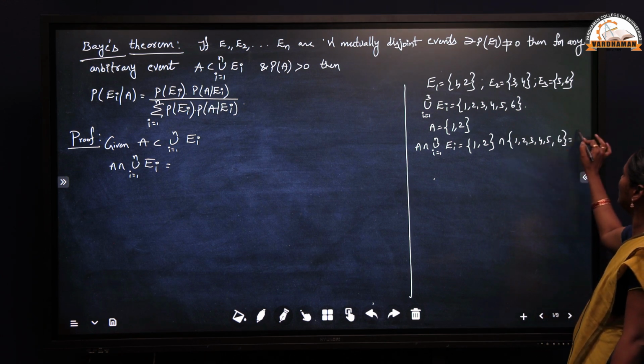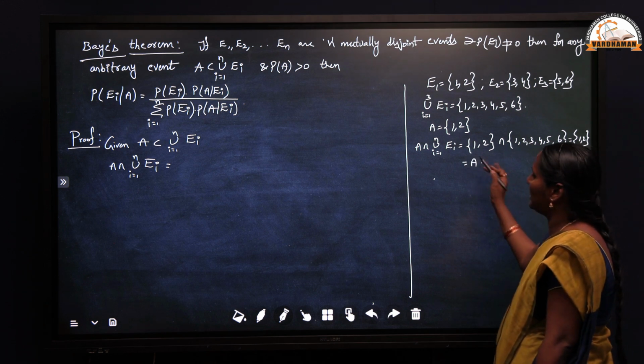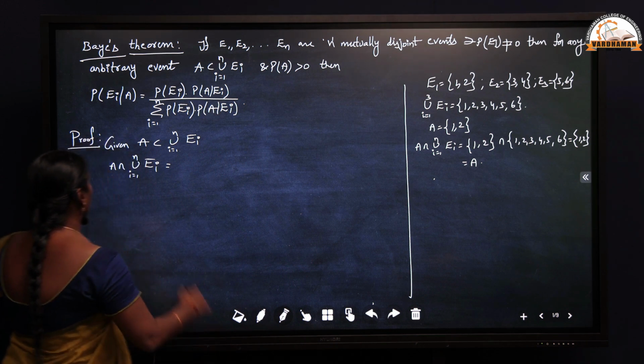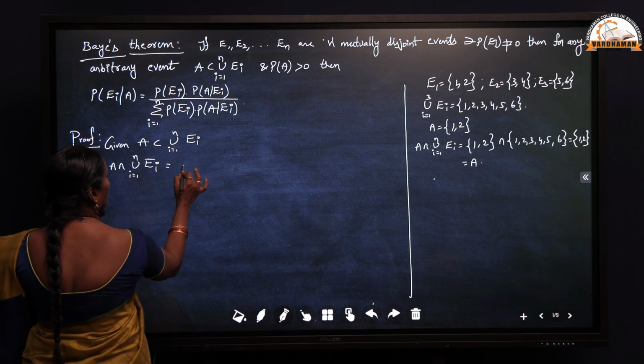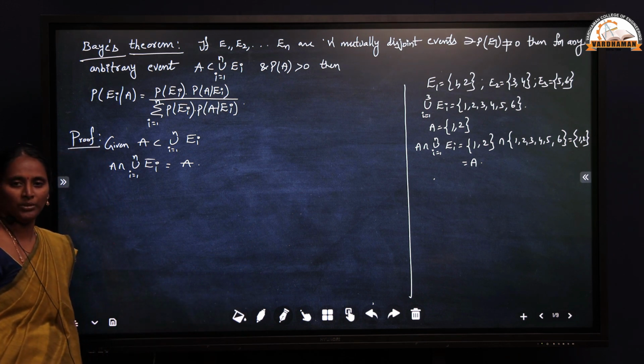This is equal to the set A only. So A intersection union i equals 1 to n Ei is equal to A only, as per the example.